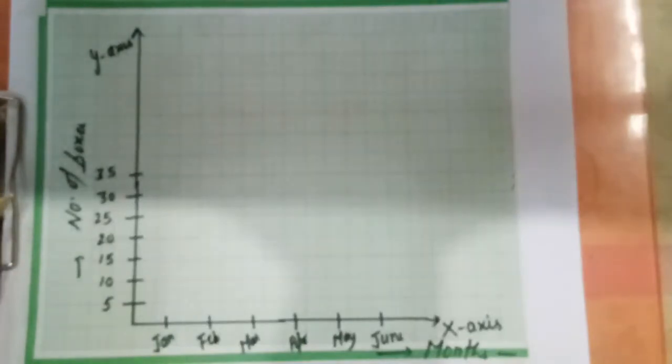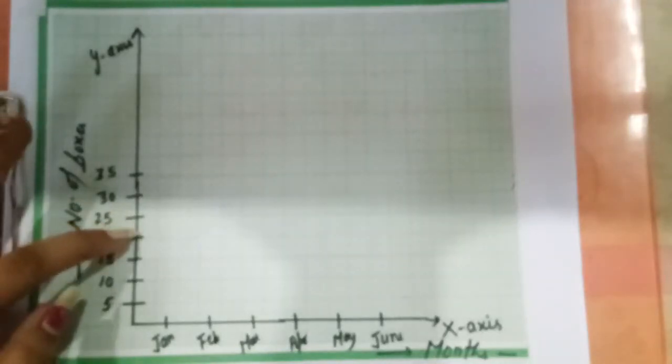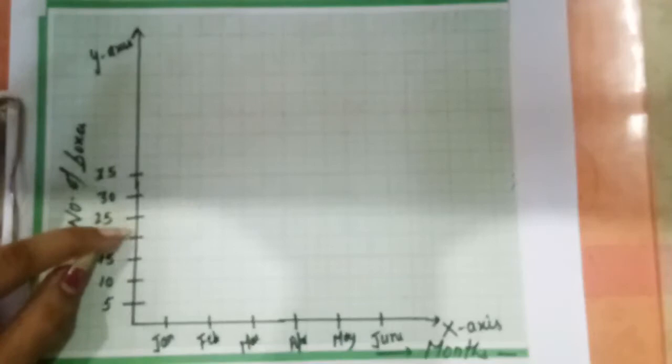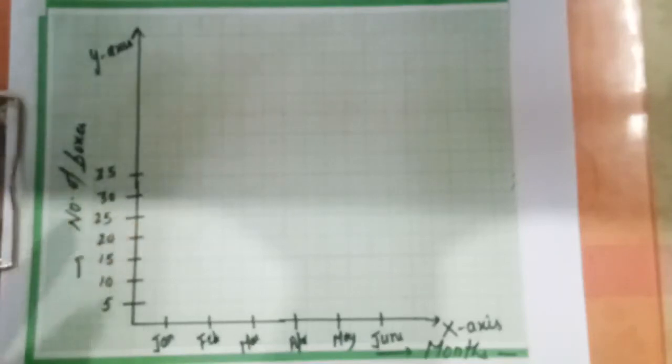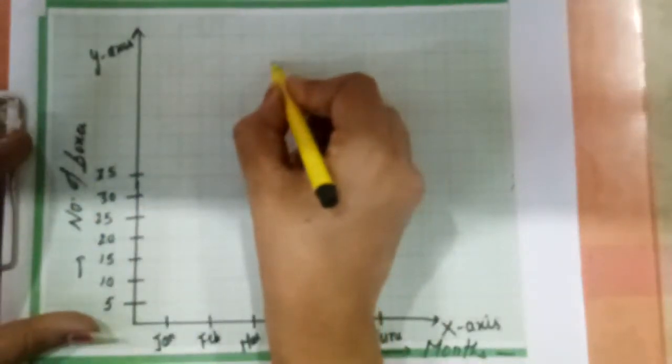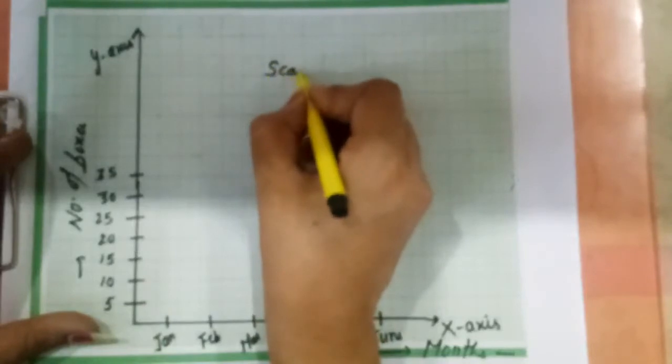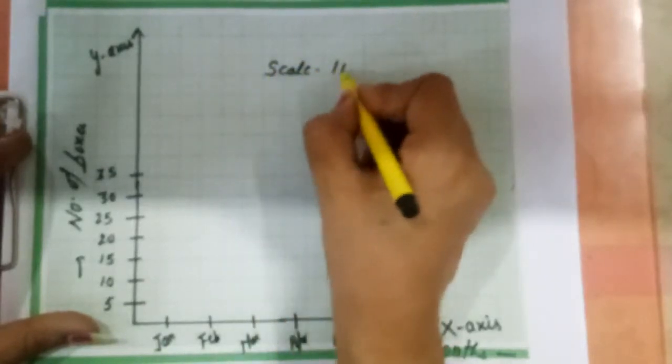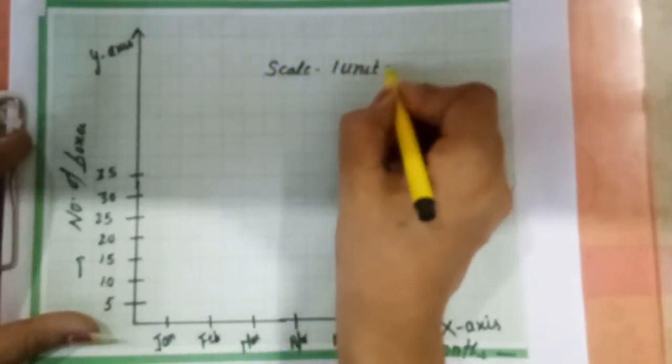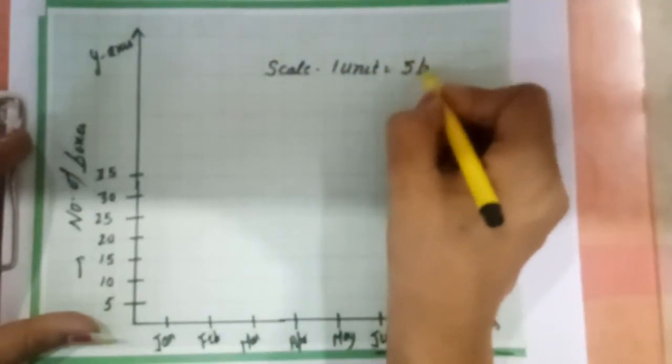So now in January we have 23 boxes. There are 10 lines and we have a gap of 5. So first we'll mention the scale: 1 unit is equal to 5 boxes.